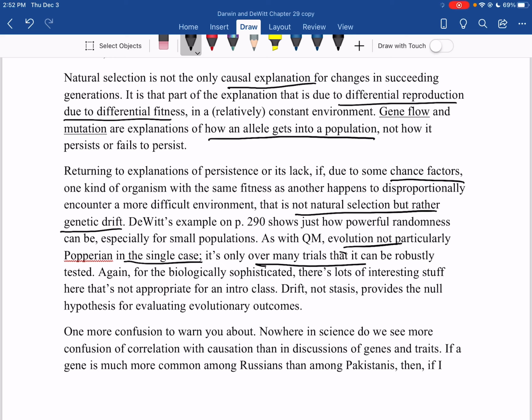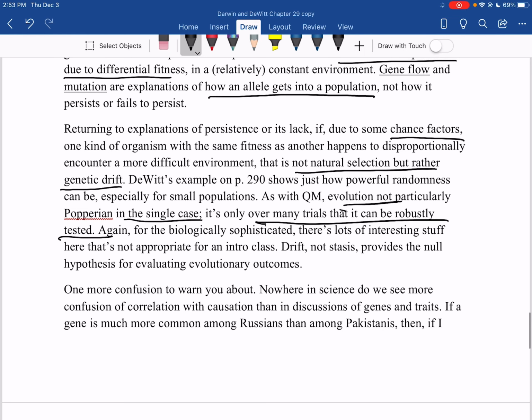But over many trials, as with quantum mechanics, you can make mathematically precise predictions that Popper came to agree show you that evolution by natural selection is testable and in fact has been rigorously tested and so far done very well. There's a bunch of stuff here if you're a bio major I invite you to email me about or raise discussions with me about how this stuff works.